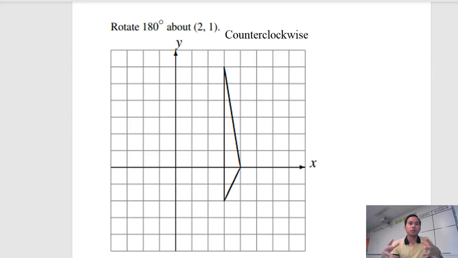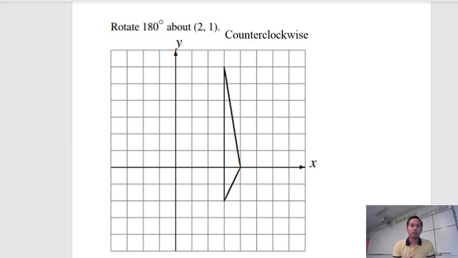Can we still use the rule? Yes, we can still use the rule, and there are a lot of ways to rotate a given image or pre-image. But this is one of the ways that I think is a lot easier.